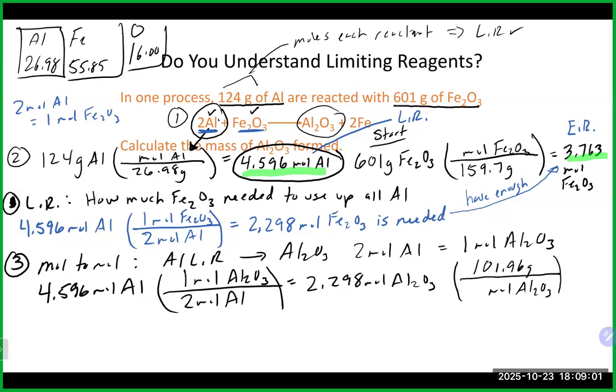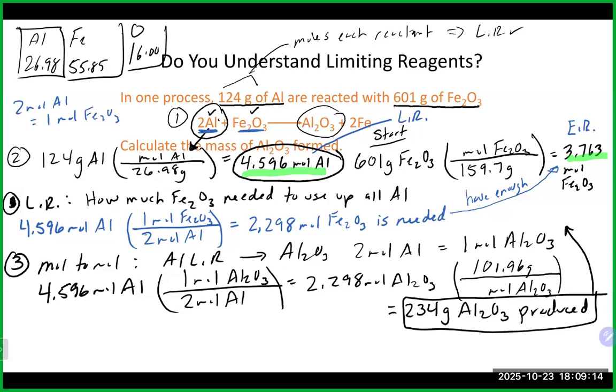And that's going to give us about 234 grams of aluminum oxide that would be produced here. And this again would be known as our theoretical yield. And obviously this is our 4th step along the way. Any questions on that?